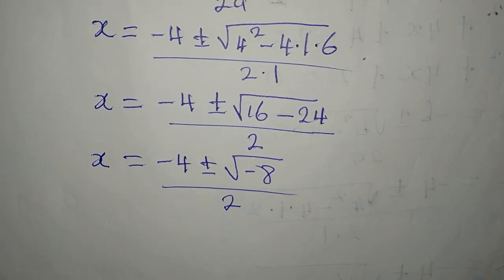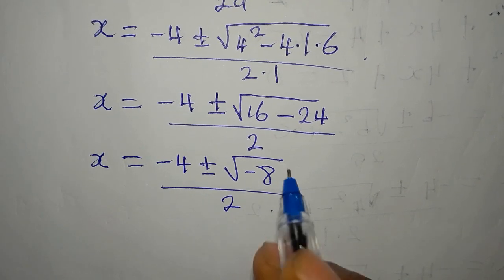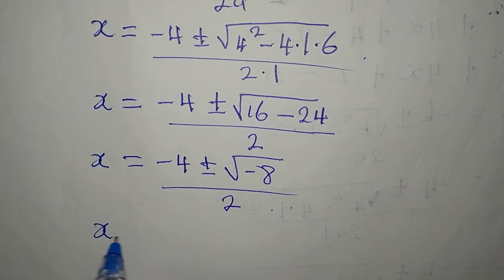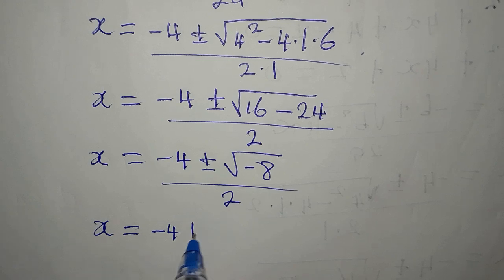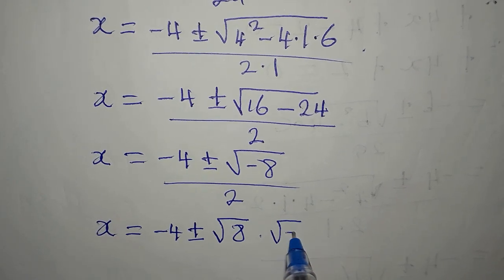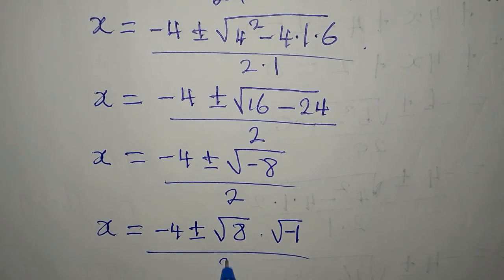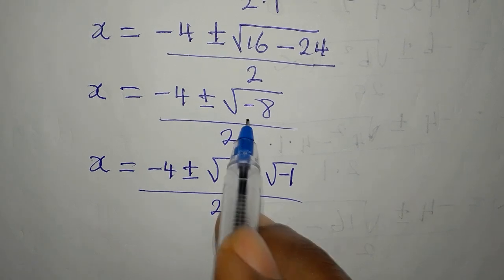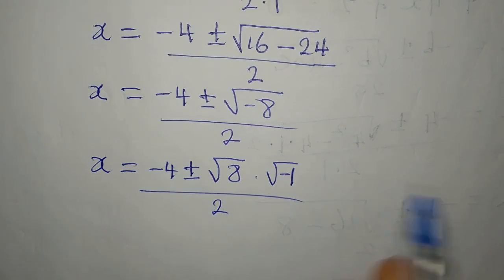Now, the fact that we have a negative here will lead us to a complex solution. So our x will be minus 4 plus or minus the square root of 8 multiplied by the square root of negative 1. Now what I did is bring out the negative from the root so that it will be on its own.